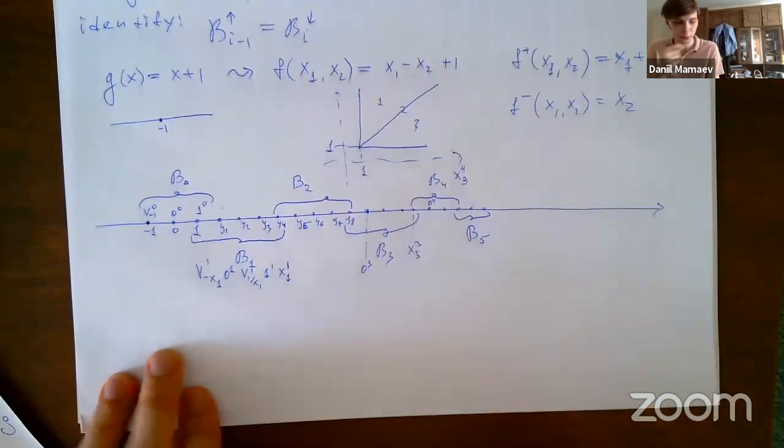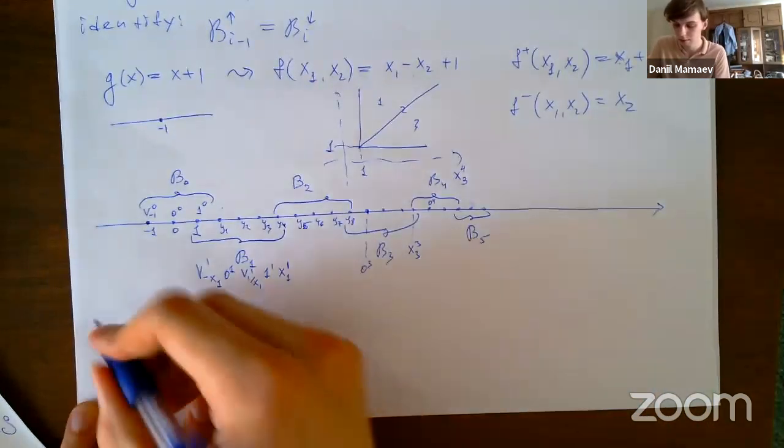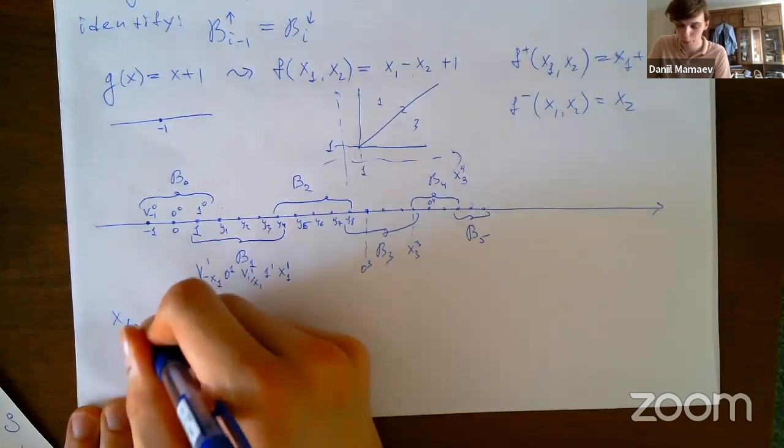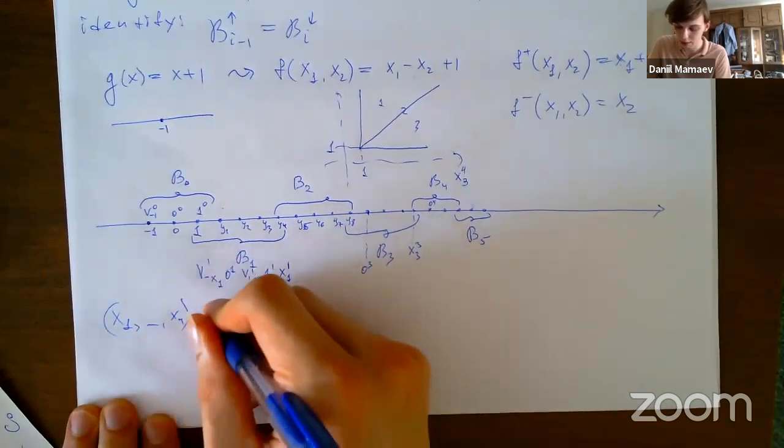Okay, yeah, suppose we have some input, which is x1, ..., xn.